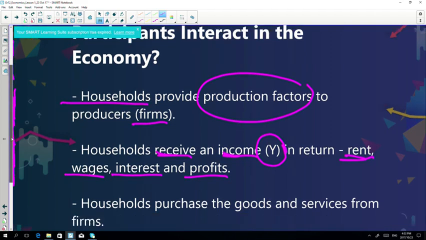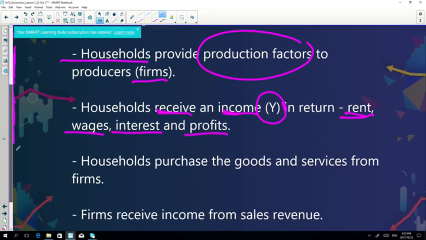Okay, so we're going to move on to our next point. Households purchase the goods and services from the firms. So we know that the firms manufacture the goods and services. We have needs that we want to satisfy, and we are not self-sufficient.